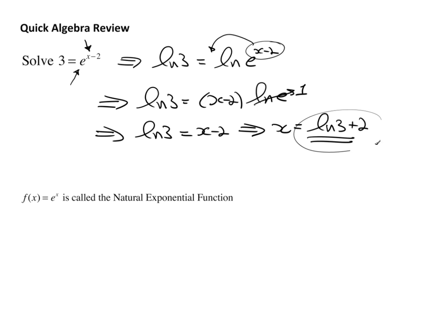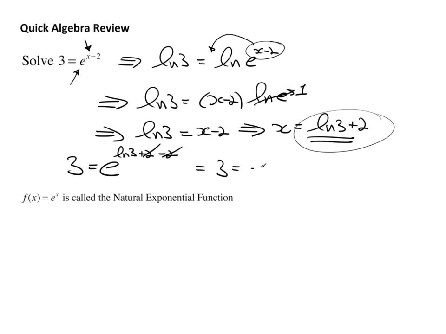which implies that x must be equal to ln 3 plus 2. So this is the exact answer. If you need an approximation, you can go to your calculator and get ln 3 and add 2 to it. So if I substitute this in for x, I will get 3 equals e to the ln 3 plus 2 minus 2. Those are going to go away.